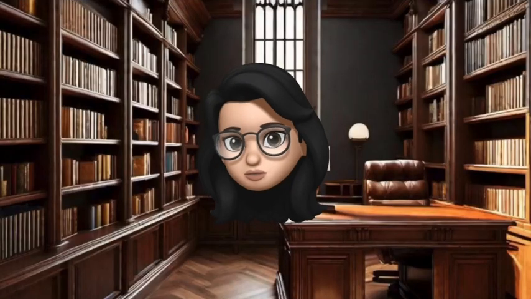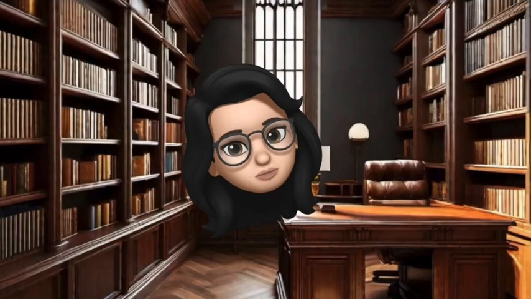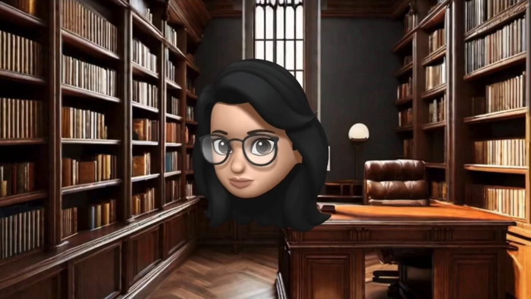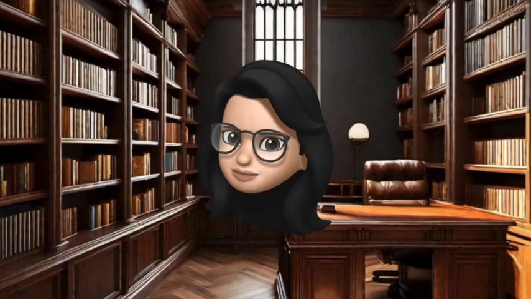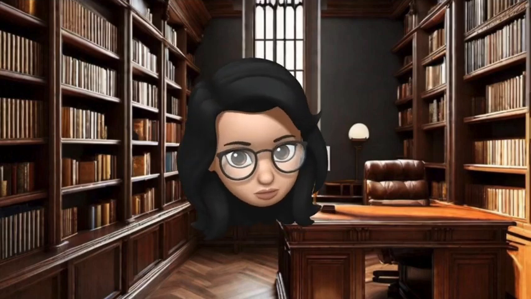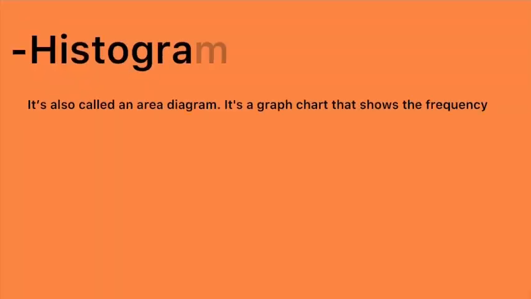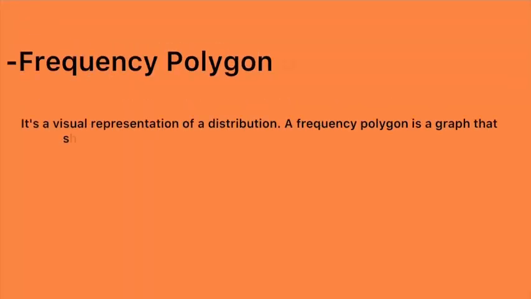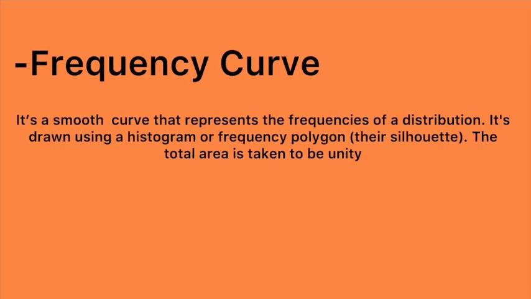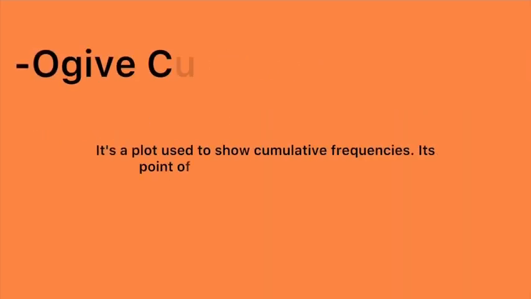A frequency distribution table is a chart which summarizes values and their frequencies. Let's take a look at some examples of a frequency distribution table. A histogram, a frequency polygon or histograph, a frequency curve, an Ogive curve.